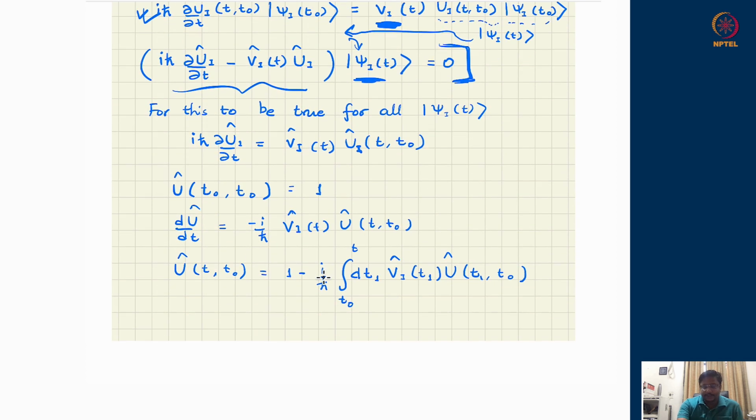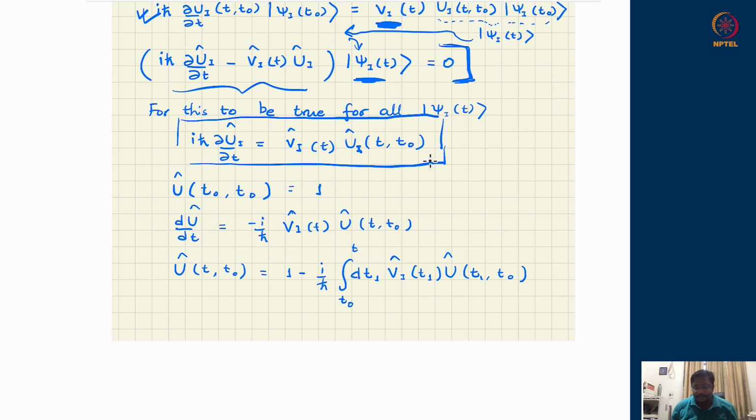Okay. So I am just dropping the I notation in the U, because I will not write U_I every time. I just write U, and it should be clear that we are talking about U_I. So this equation is satisfied by U_I, the time evolution operator. In the case of the free Hamiltonian, I know the time evolution operator is just the exponential of the free Hamiltonian.